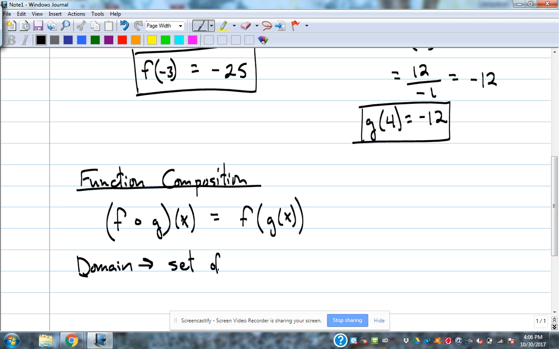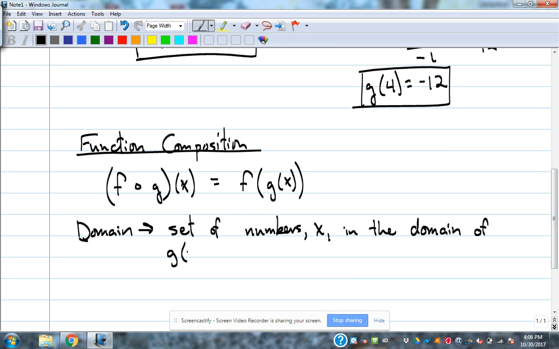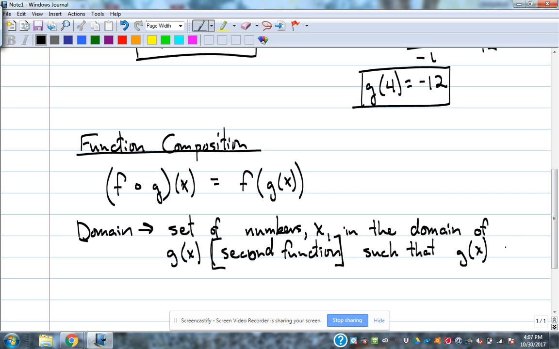It's a set of all numbers, in our case x, in the domain of, in our case, g of x. That's the second function, such that g of x is in the domain of f of x.